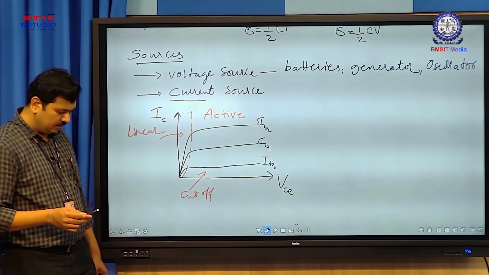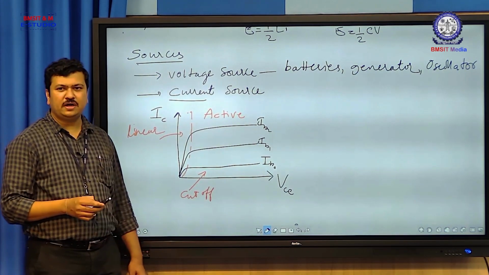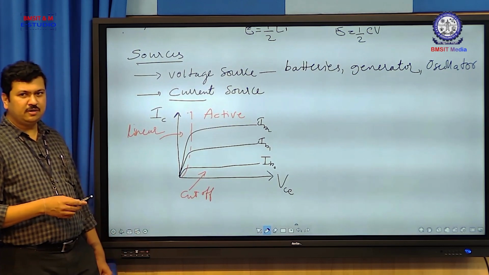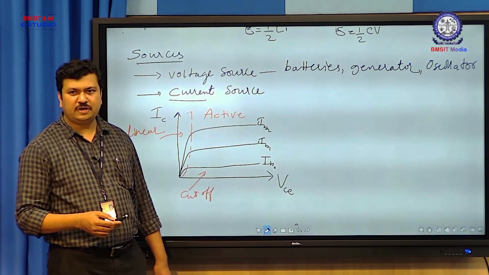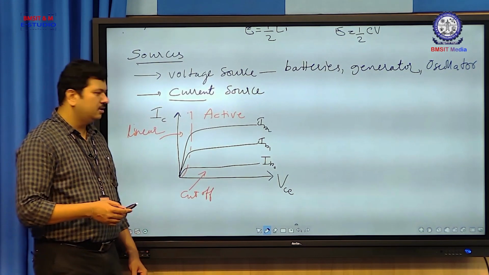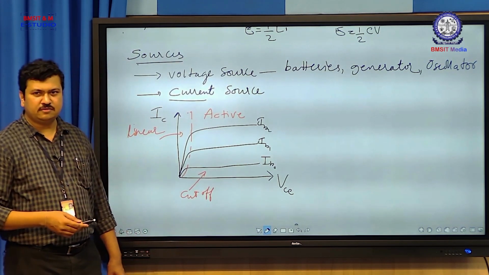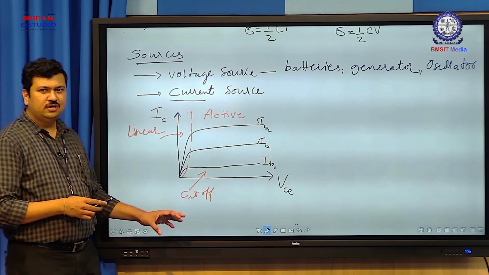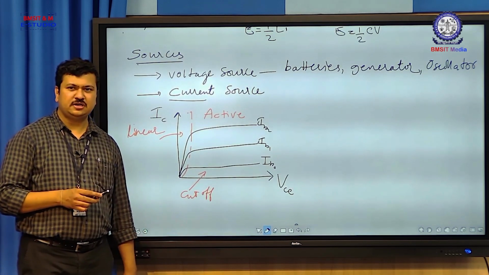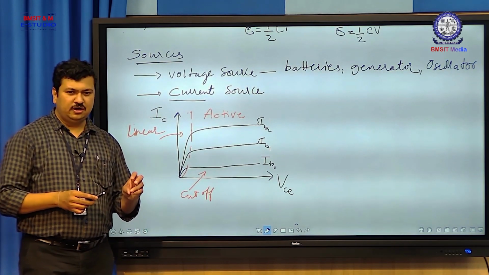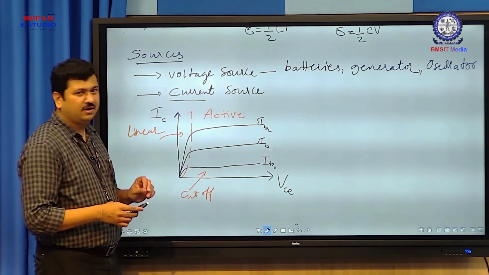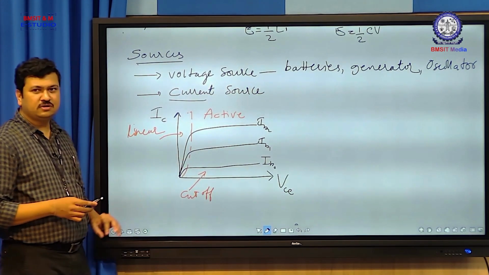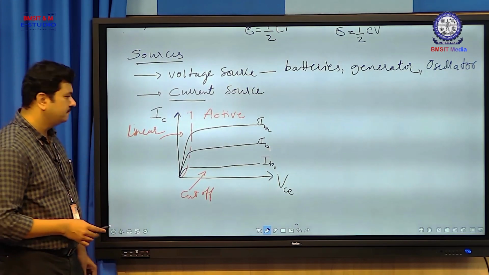Depending upon my requirement, I can fix the operating point of a transistor in whichever region I want it to operate. But we are not here to discuss the transistor operation. I just want to show you how a current source can be visualized. That is my fundamental point in invoking the transistor characteristic in the lecture.